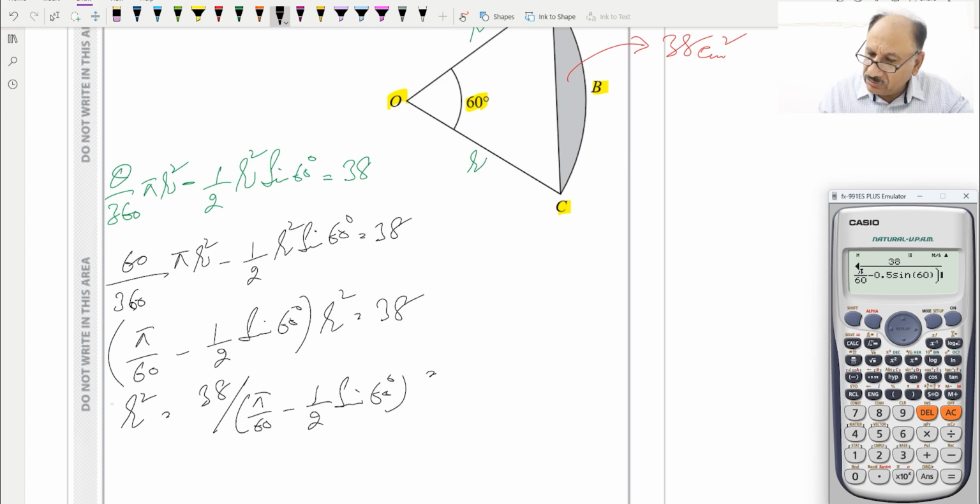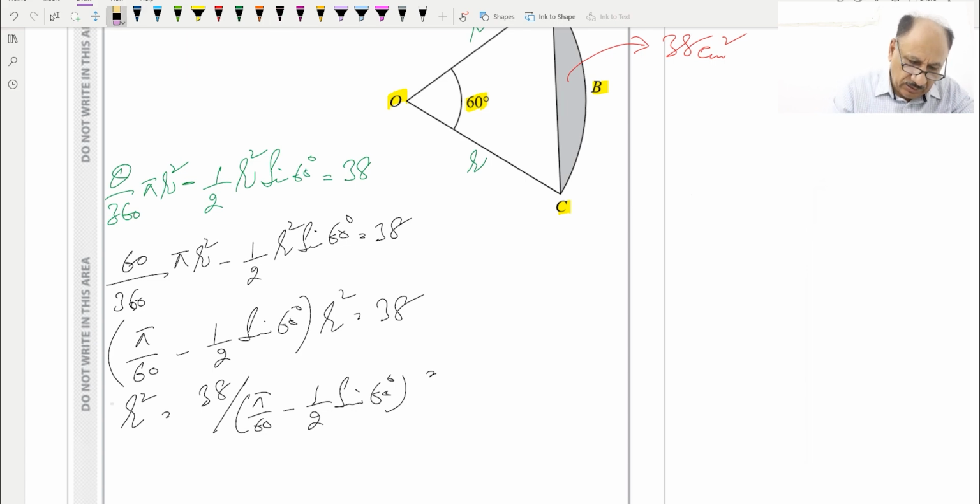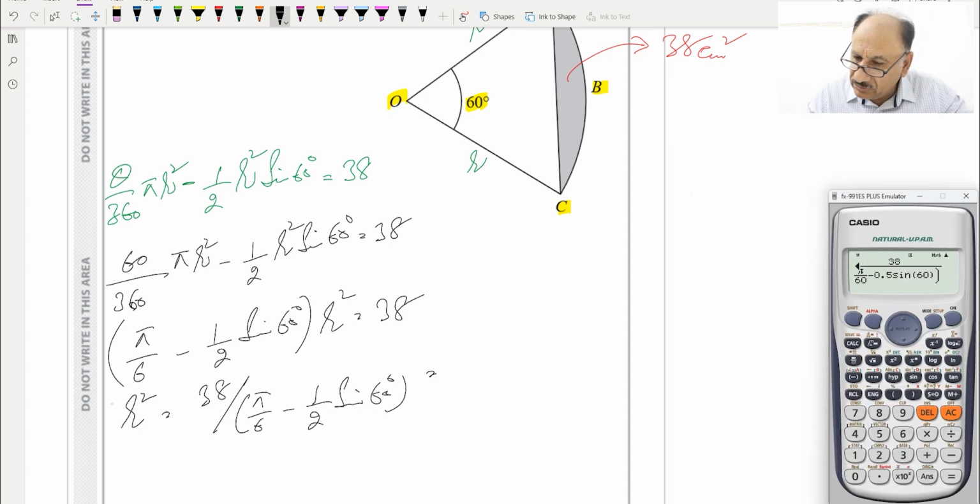This is done, is equal to minus 99. Why are we getting minus? We should not get minus. 38 over pi by 60, this should be pi by 6, not 60. That's why we are getting this. This should be pi by 6. And now hopefully we'll be getting the answer. We change this to pi by 6, and this is getting 419.49.